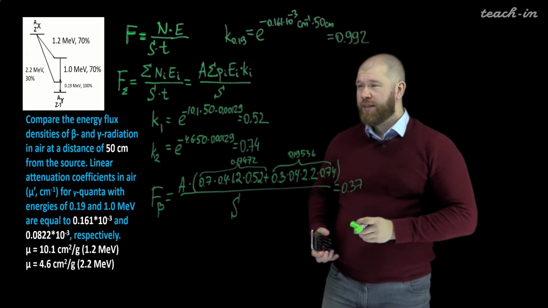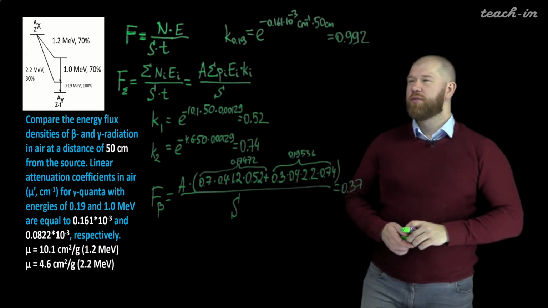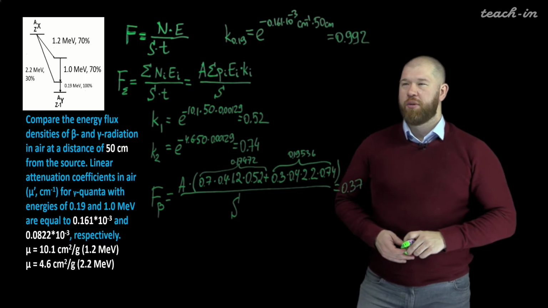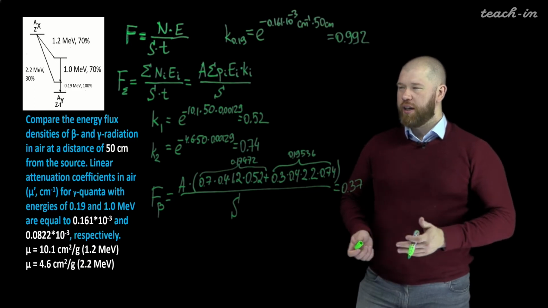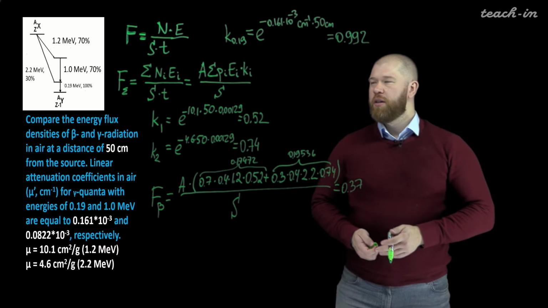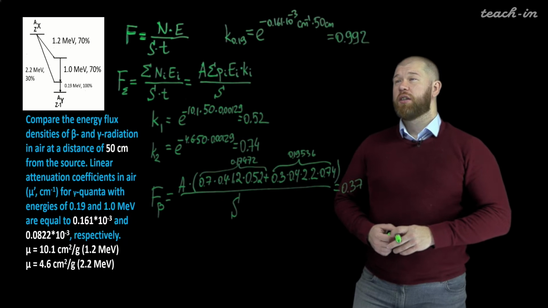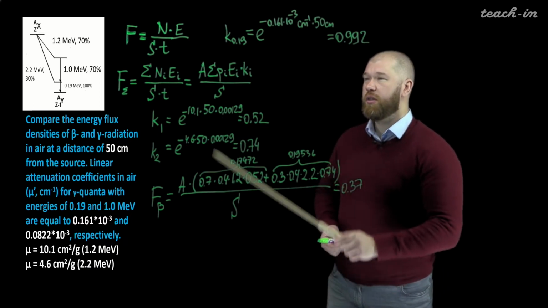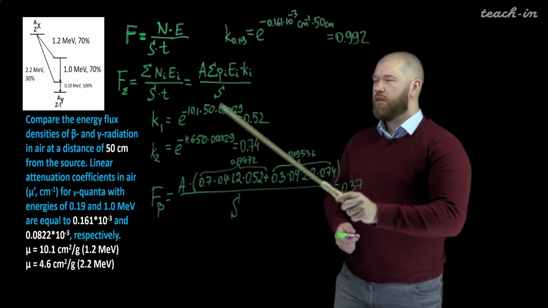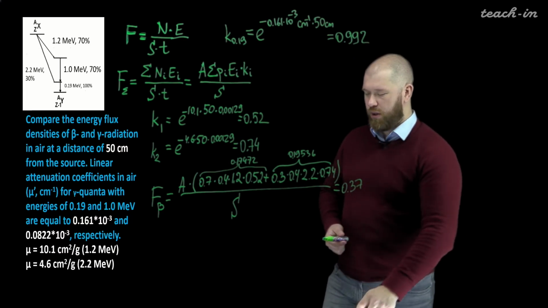That means that less than 1% of all gamma radiation, even with this small energy, will be absorbed by air. And you can see that the higher the energy of gamma quanta, the lower the linear attenuation coefficient. That means the higher the attenuation factor. That means that if we put here this number, we will get a number even closer to 1.